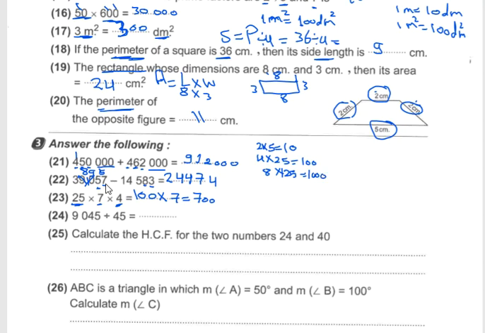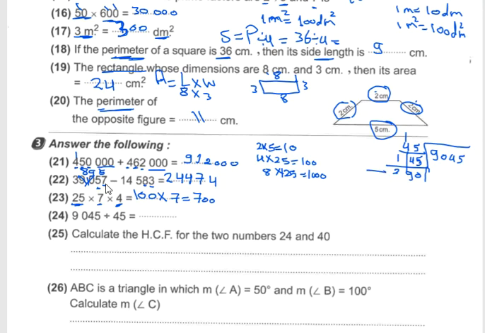He said 9045 divided by 45. 1 times 45 equals 45. 2 times 45: 2 times 5 equals 10, 0, carry up 1. 2 times 4 equals 8, plus 1 equals 9.